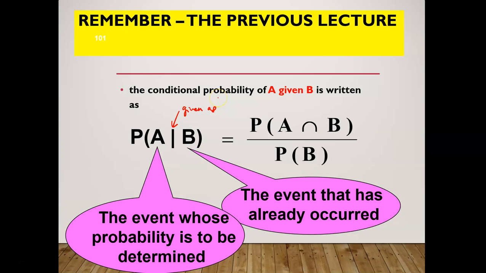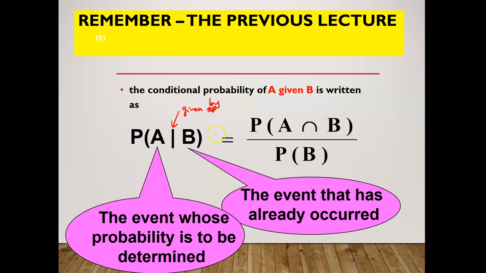This is the keyword for conditional probability: the event that has already occurred, and the event whose probability is to be determined.